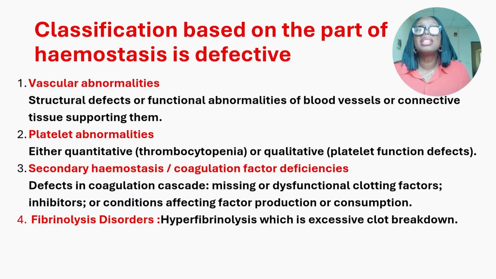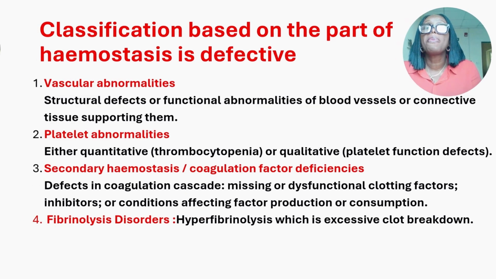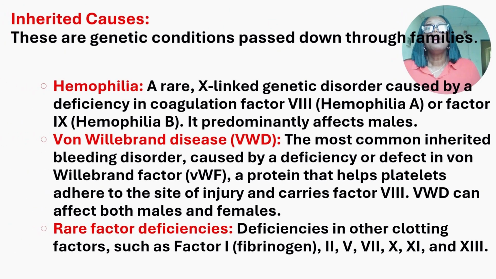So the classification based on the part of hemostasis that is defective has four types: vascular abnormalities, platelet abnormalities, abnormalities that affect secondary hemostasis or coagulation factor deficiencies, and fibrinolysis disorders.